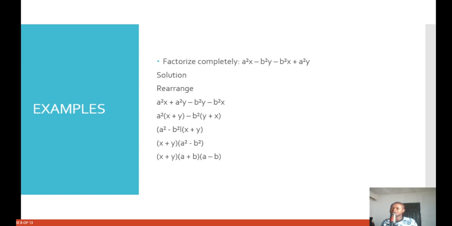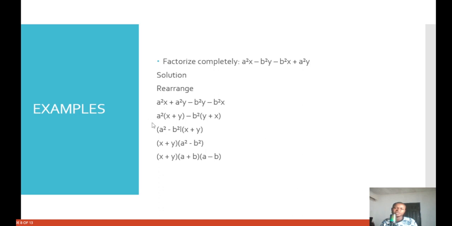What I've done here is to rearrange. Here I have a square x plus a square y minus b square y minus b square x. So what is common here is a square.